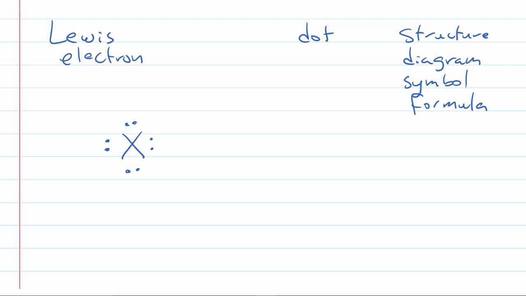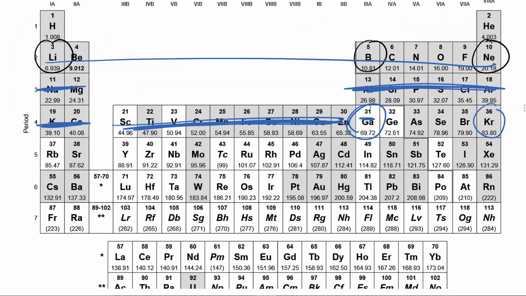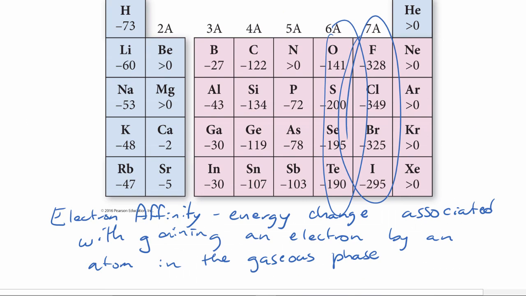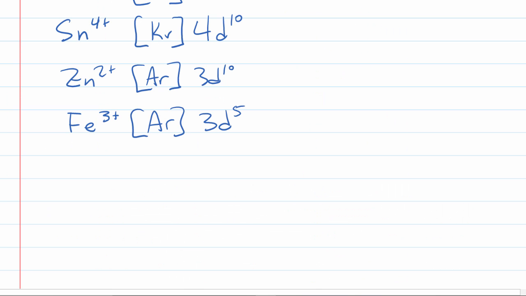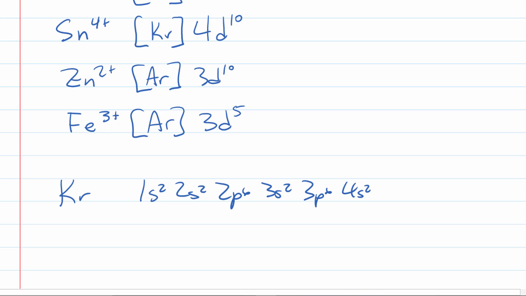Now, what is the most valence electrons we can have? 8, exactly. And it's 8 because if we looked at something like krypton, for example, and wrote out its configuration, we would have, for krypton, I'm going to write out the complete thing: 1s2, 2s2, 2p6, 3s2, 3p6, 4s2, 3d10, 4p6, which is the 36 electrons.